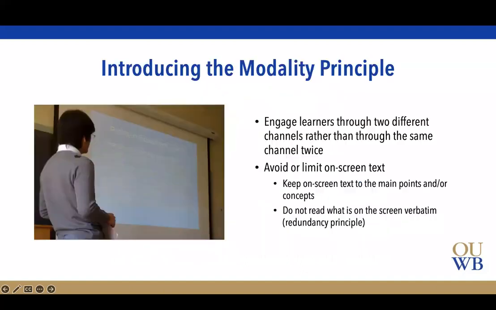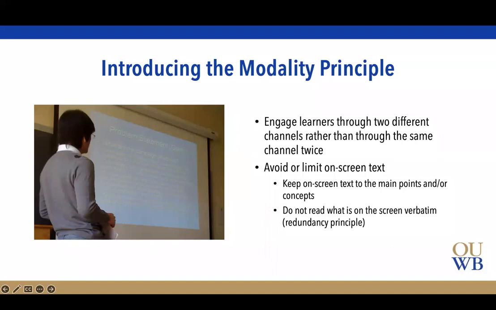So what this is essentially recommending is that you spread out cognitive processing. Allow learners to visually pay attention to the visual stimuli on the screen, and then replace the on-screen text with verbal narration. So you're essentially engaging learners through two channels rather than one at the same time. You're more effectively, more efficiently sharing information. So it really boils down to, you want to try and avoid, or at least limit, on-screen text.